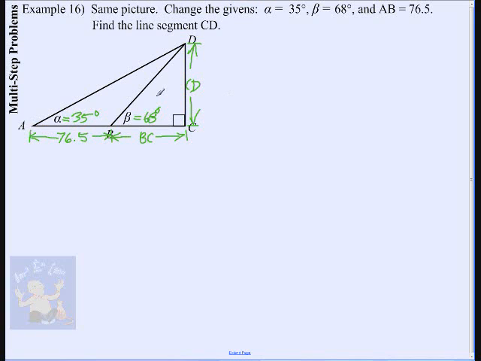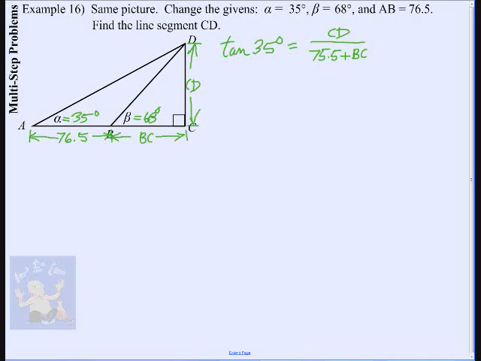So when I talk about the tangent of alpha, 35 degrees, I can say that is equal to the vertical, CD, over the horizontal, which is 75.5 plus BC.